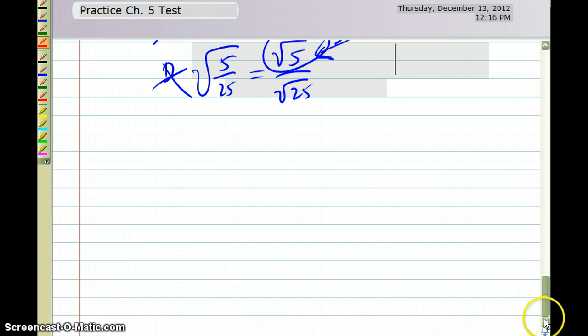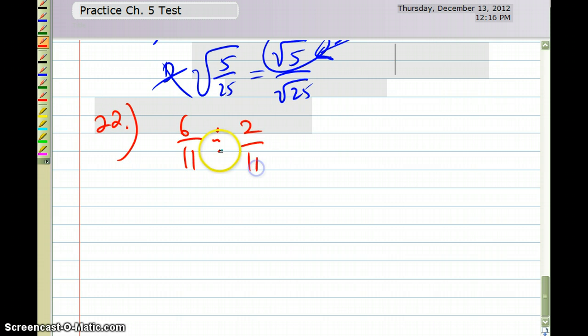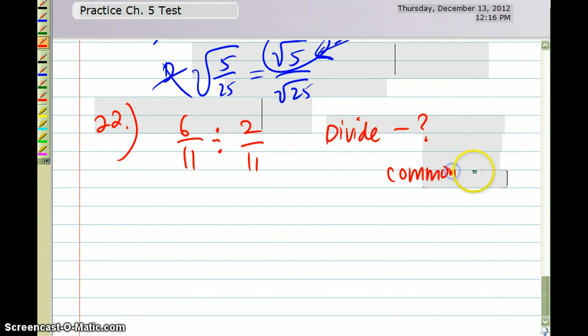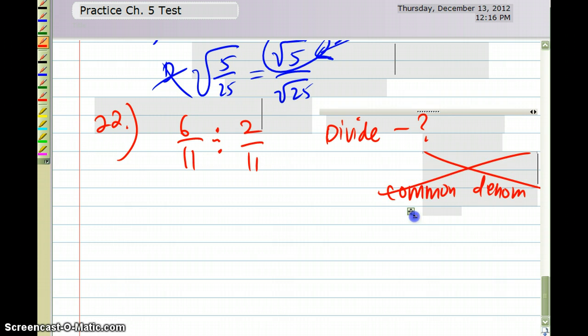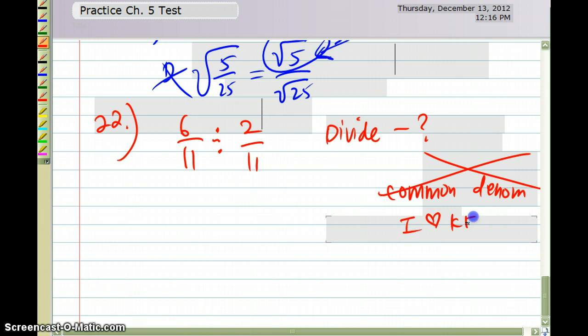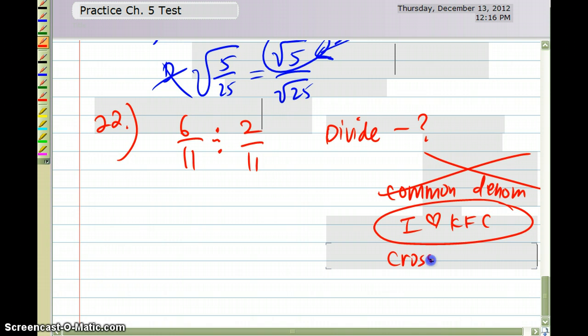And we're going to finish up with a few more problems. Number 22. If I have 6 11ths and I divide by 2 11ths, when I am dividing, should I find common denominators? No. Should I use I heart KFC for dividing? Yes. Can I cross cancel when I divide?